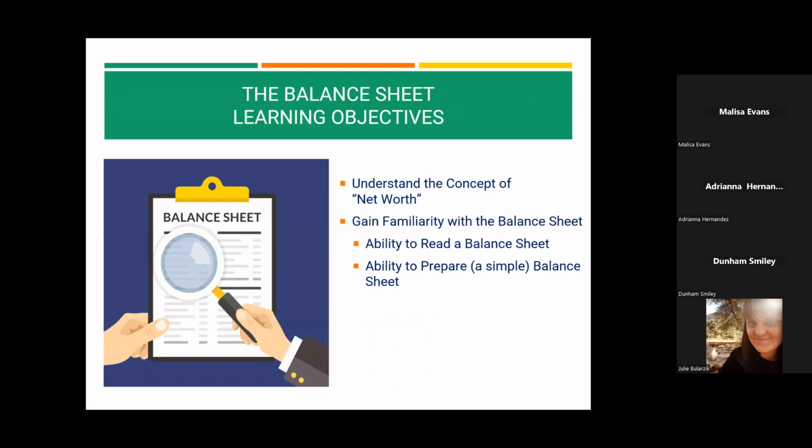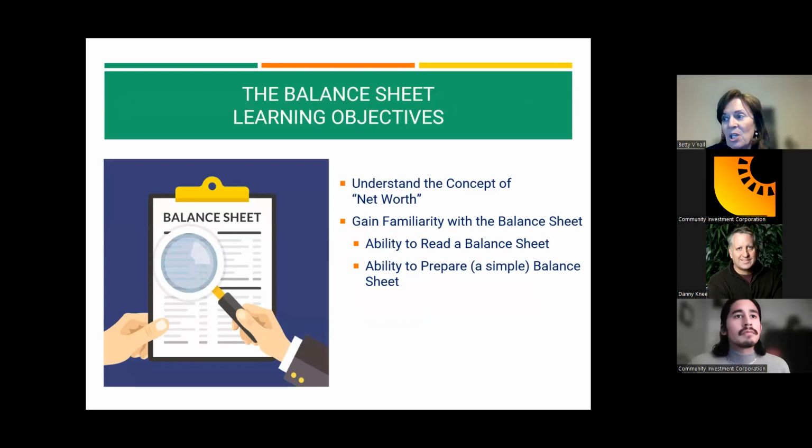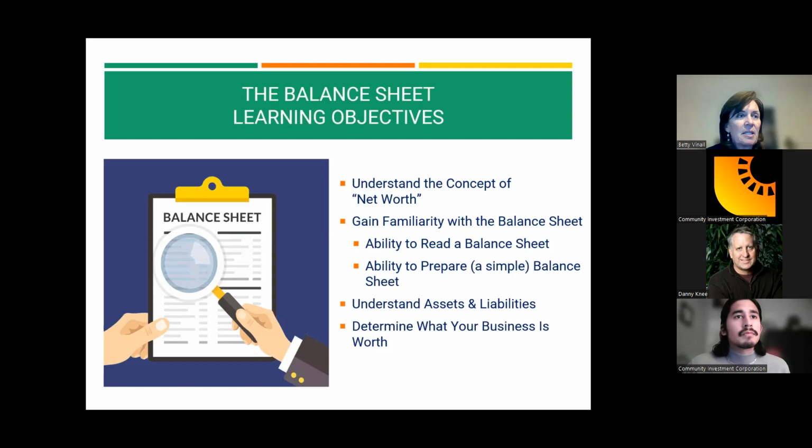We're going to work on the ability to read the balance sheet, the ability to prepare a simple balance sheet, and to understand what assets and liabilities are, determine what your business is worth, and understand the balance sheet and financing. With that, we mean understanding what the balance sheet is actually telling a lender about your company when you go to apply for financing.